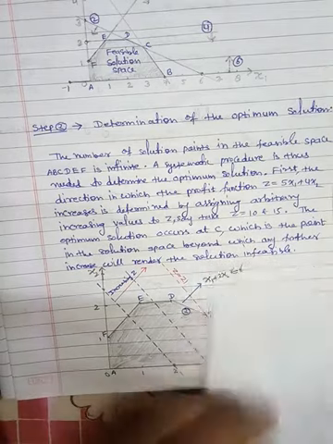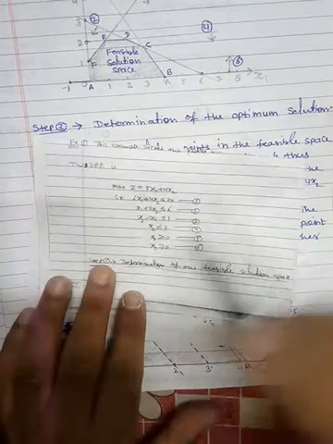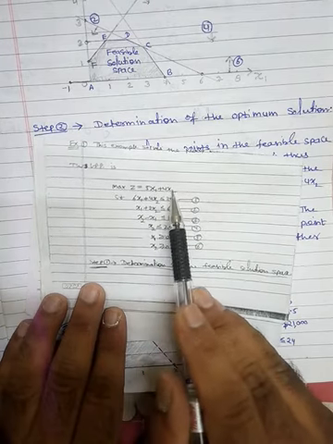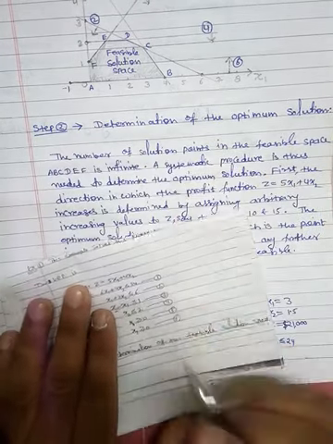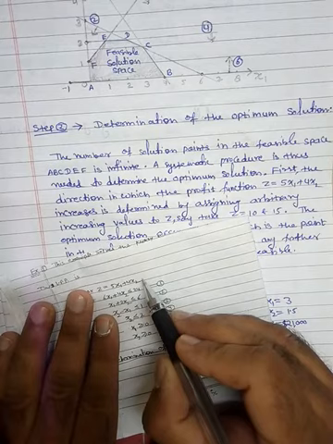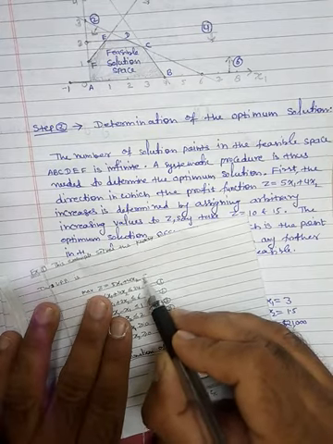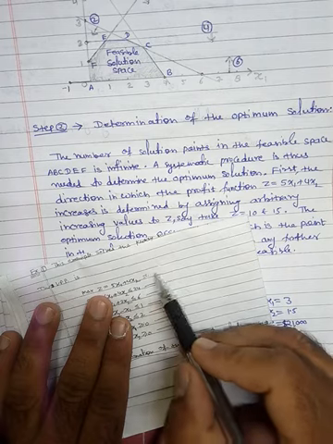Now here we have to draw the objective function 5x1 plus 4x2. To draw this, let's designate a random value, say 20.